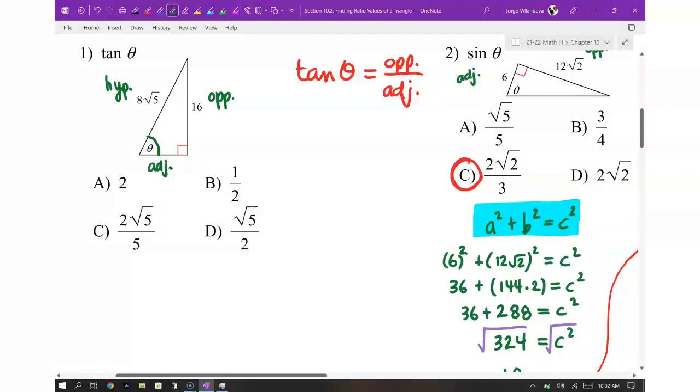And notice we don't have a value for the adjacent side. So if I go ahead and start using my formula, tangent of theta is equal to opposite, which is 16, over adjacent, I don't have an adjacent value. So guess what? I got to solve for it. So let's go back to the Pythagorean theorem.